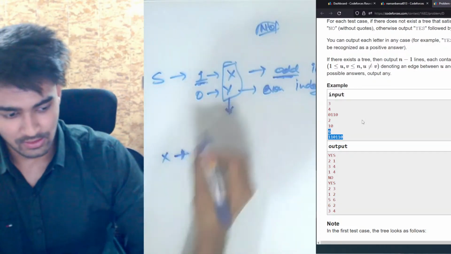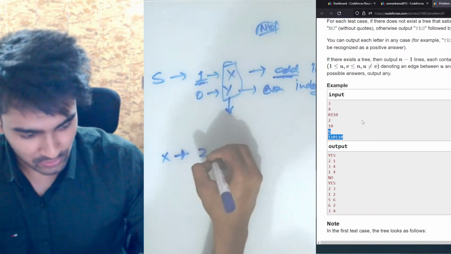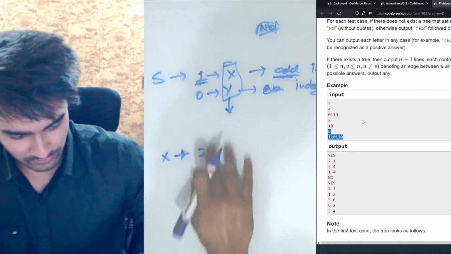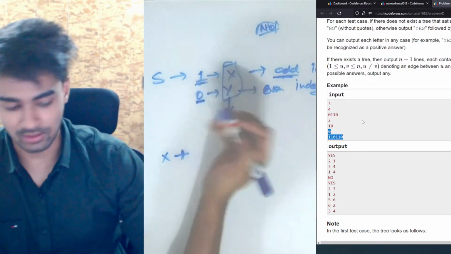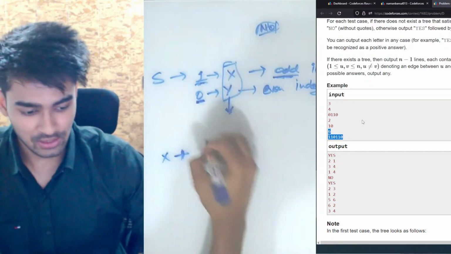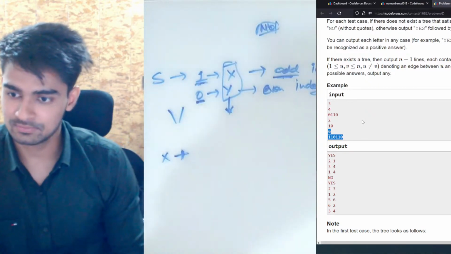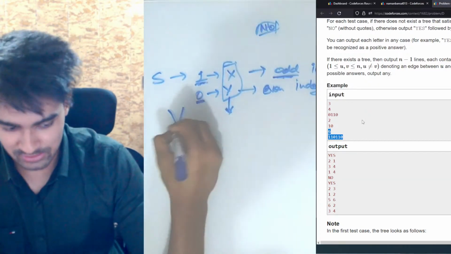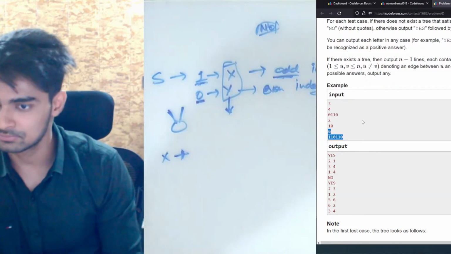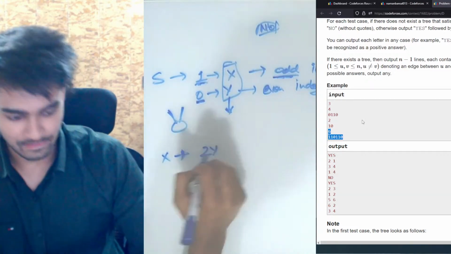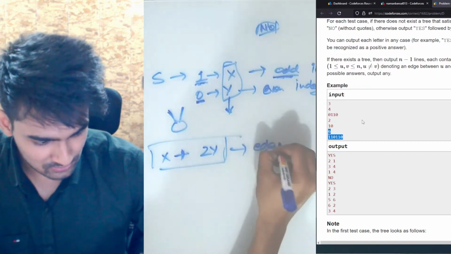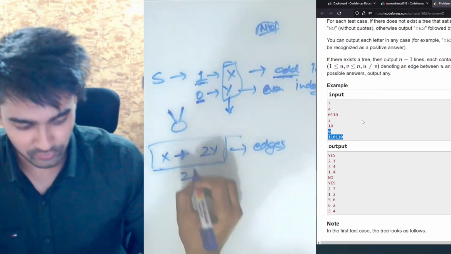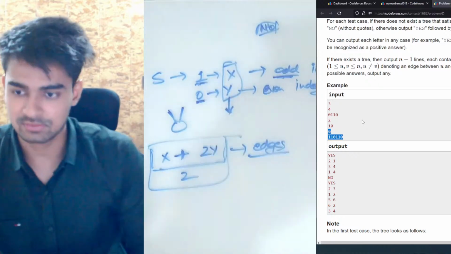For y we actually need 2y, because if a node has even degree, that means 2 edges are coming towards it. So 2y, and if you see, this divided by 2 would actually become the total number of edges.